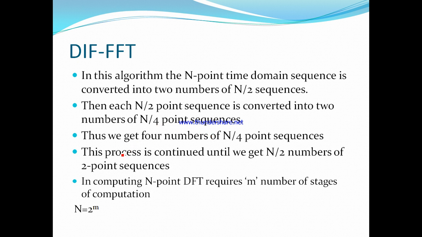This process is continued until we get N by 2 number of 2-point sequences. This is the procedure for calculating the discrete Fourier transform in DIF FFT. For an N-point DFT we need m stages of computation, where N equals 2 power m.